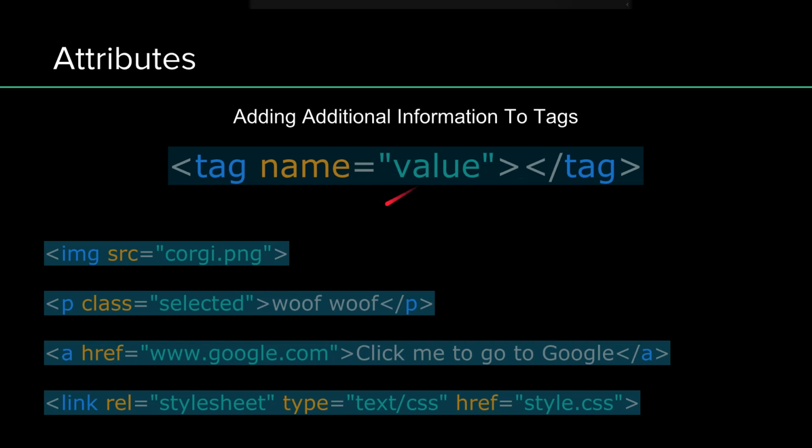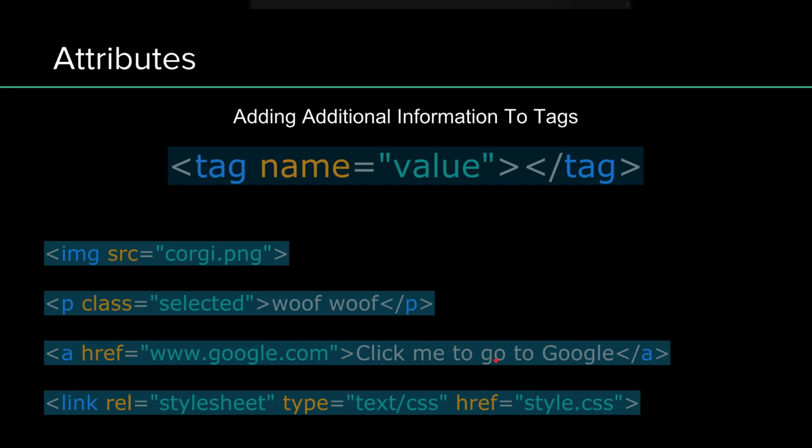The attributes could be many things. The attributes define many things about the HTML element. So if it is a text box, it will tell you what kind of a text box it is. If it is an image, it will give you the link of the image. So for example, here it is telling what is the link of this particular file, href, and if it is an anchor, that is a link.